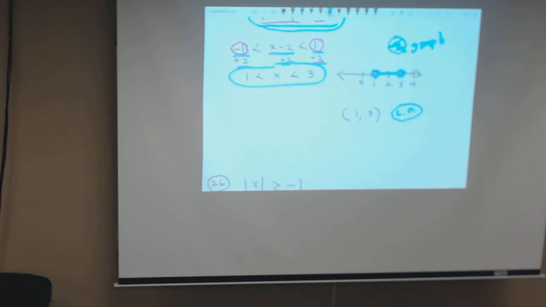Because it's not equal to, I put a parenthesis and another parenthesis, and it goes from -1 to 3. Everybody follow the process? When it's not equal to, I use parentheses. When it's equal to, I use brackets.